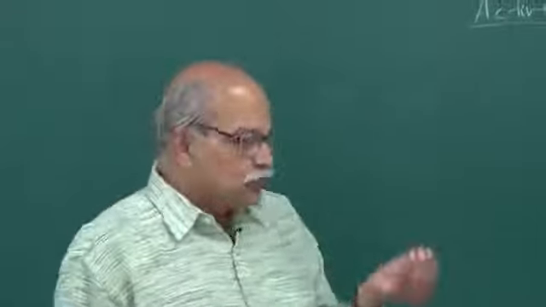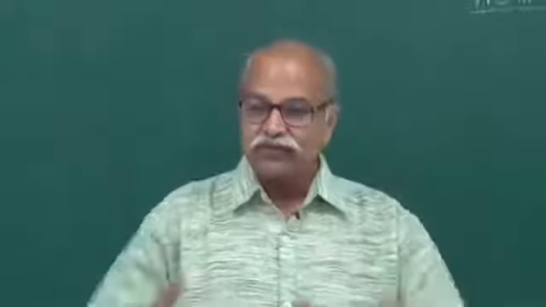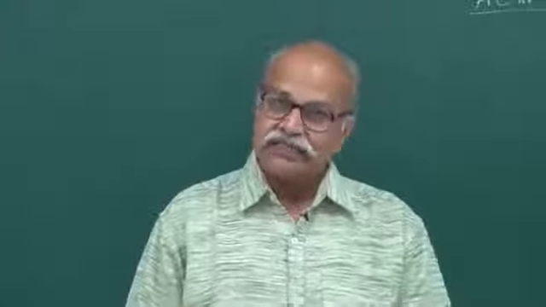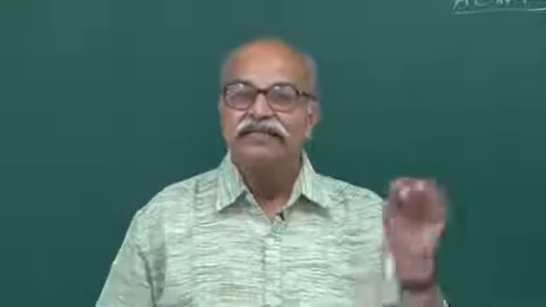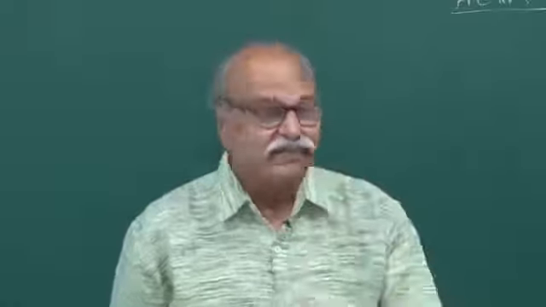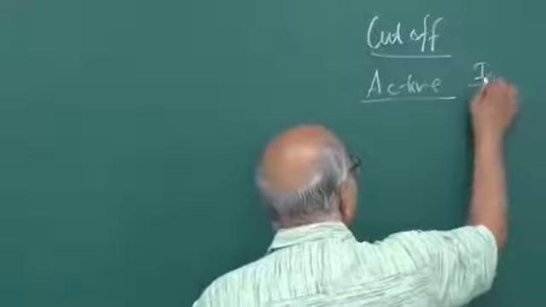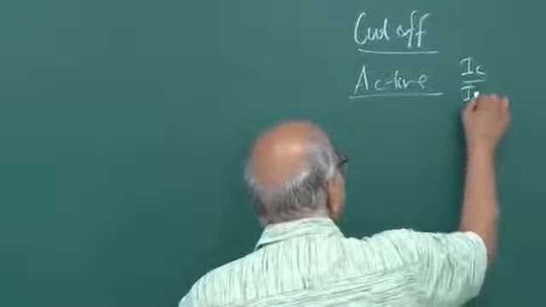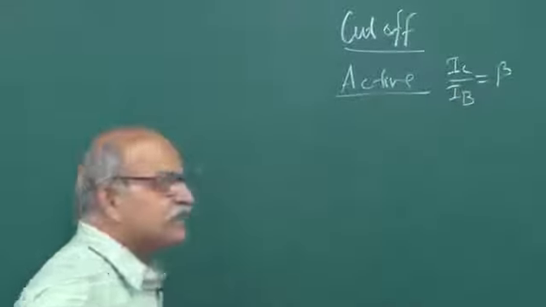So, if you increase this IB a little bit and more electrons are there in the base, the collector is ready to take them also, and hence that ratio IC by IB equal to beta is maintained. So, that is the active region in which IC over IB is beta and it is maintained.